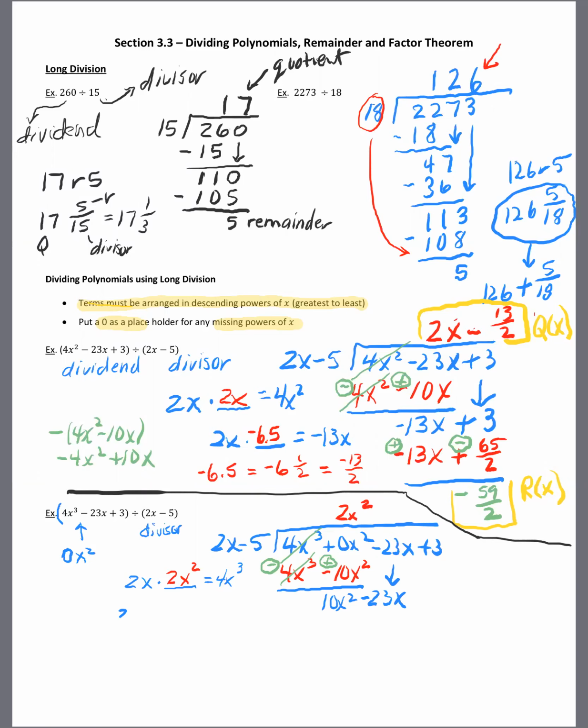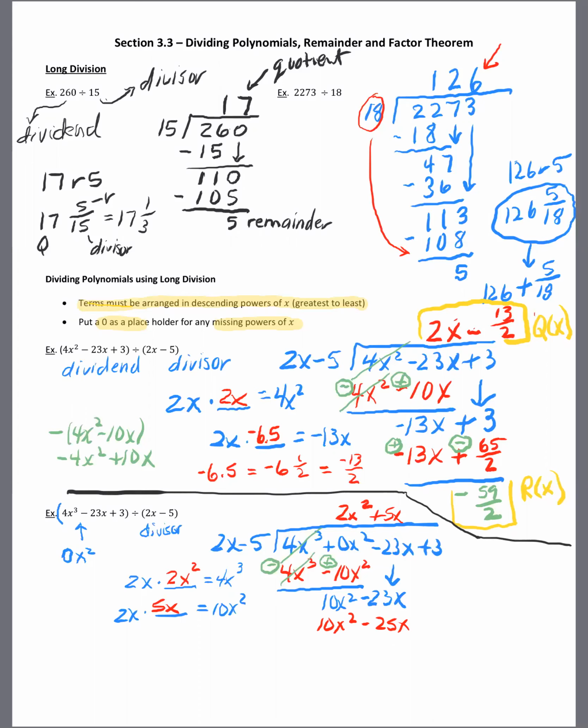So again, starting off with a 2x, we know we'll have to times it by something to get 10x to the second. That missing factor would have to be a 5 and also an x. This is a positive 5x, so we'll put plus 5x in its column. Do the multiplication. 2x times 5x is 10x squared. 5x times negative 5 is a negative 25x.